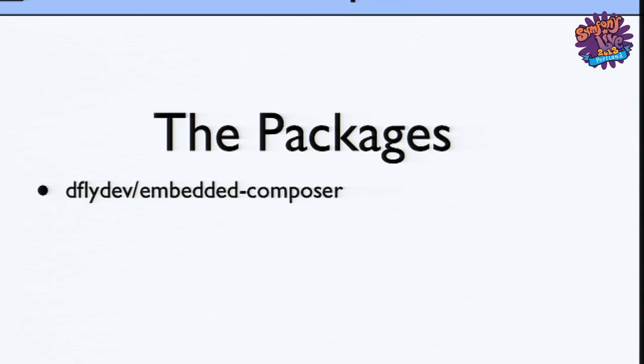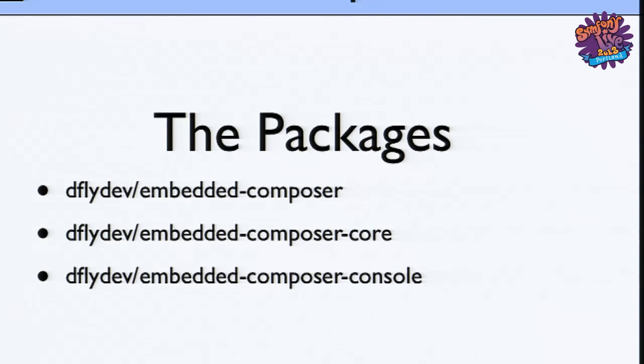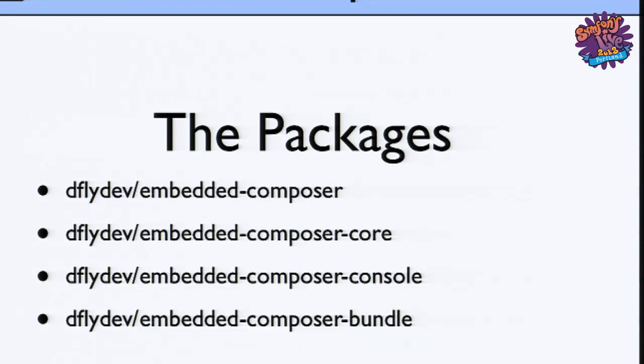The packages, there's the kitchen sink. It's the main package, dflydev embedded composer. There's a core. There's a console, which right now is basically just Symfony console. It maybe should have been named a little more specifically, as there could be other console-based libraries out there that we could create. And then there's embedded composer bundle.